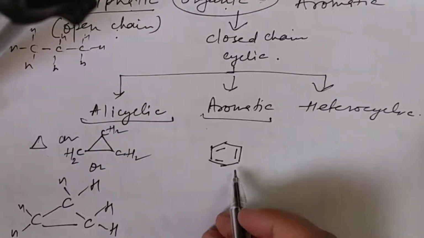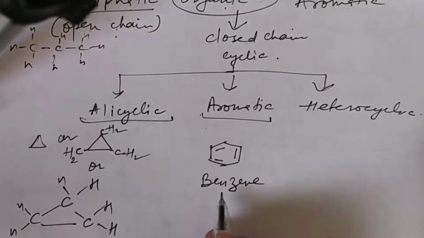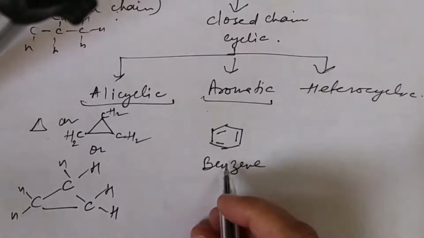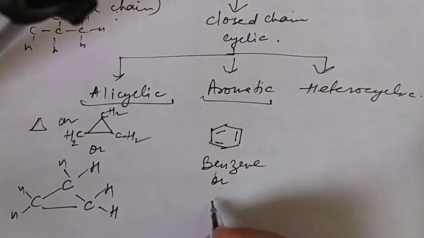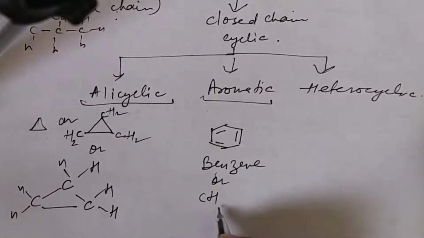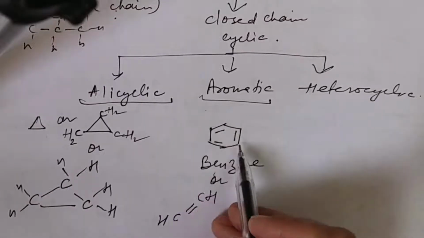So this is the bond line representation of benzene. It can also be represented in the condensed formula like CH double bond CH. See, all the corners here are carbon atoms.